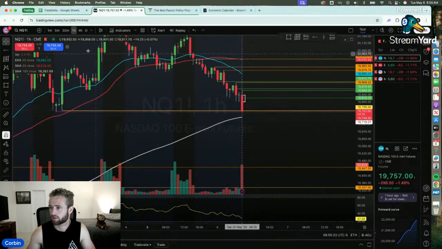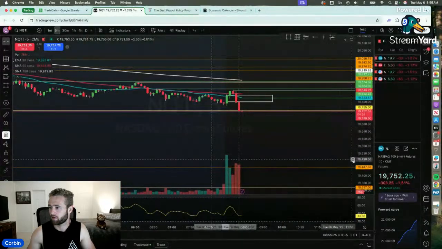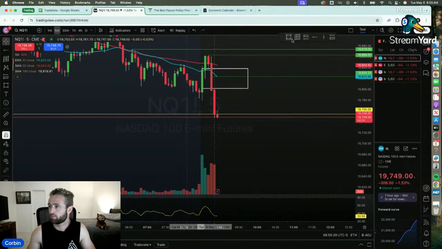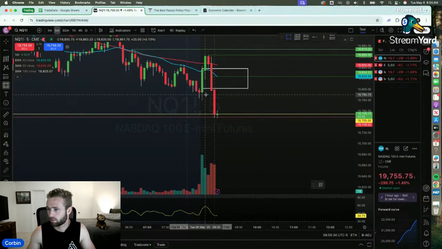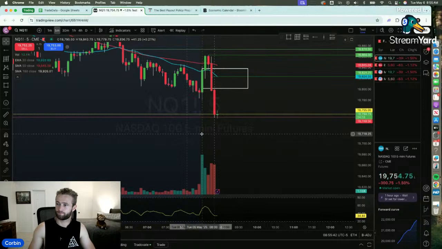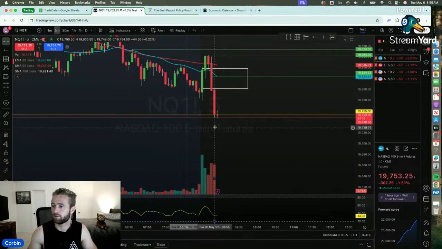But yeah, you can see we're testing those levels there. 5-day, 5-minute. Are we getting a reaction? Nothing yet. But we got another bearish fair value gap. Well, not technically yet. So, not technically a gap yet.